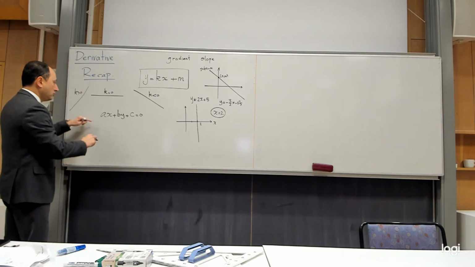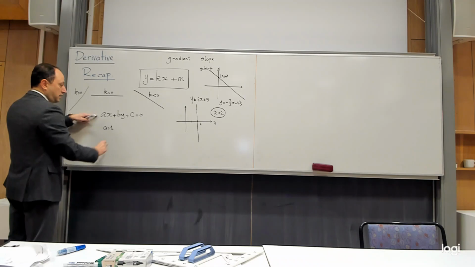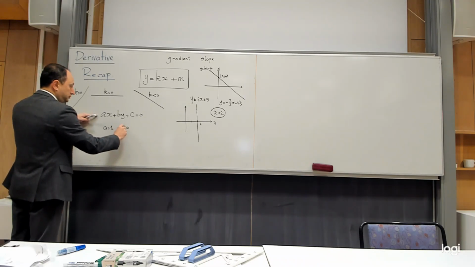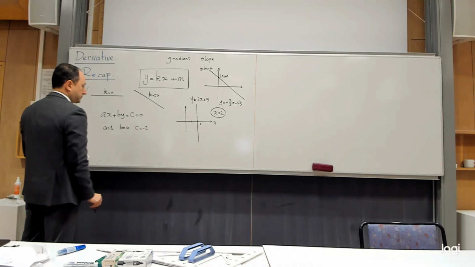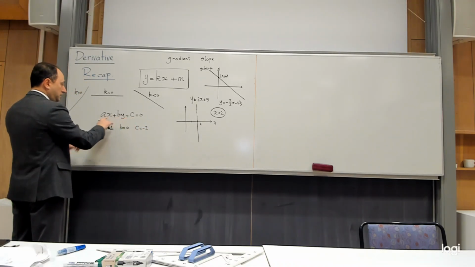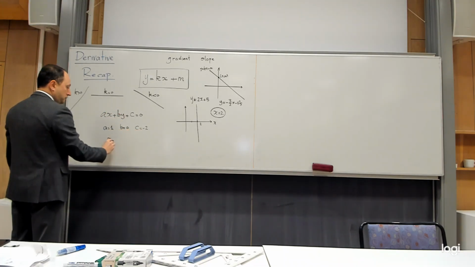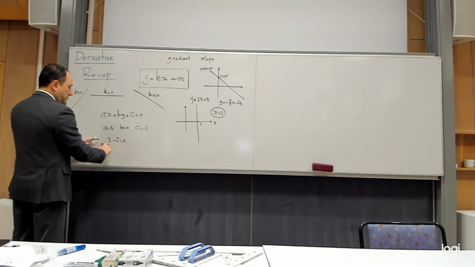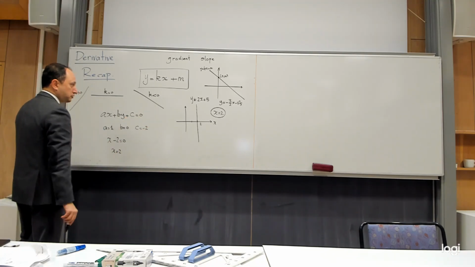For example, here I choose a equals 1, b equals 0, and c equals minus 2. If I put these numbers here, this becomes x, this becomes 0, and this becomes minus 2 equals 0. If I move 2 to the right, it exactly generates that formula for me.